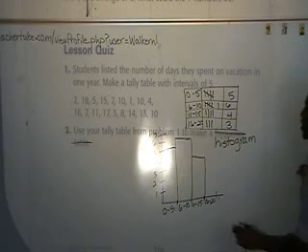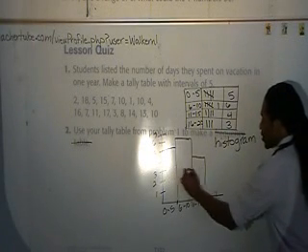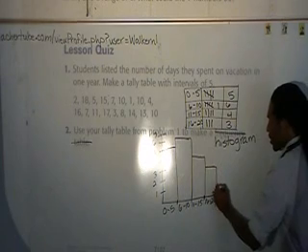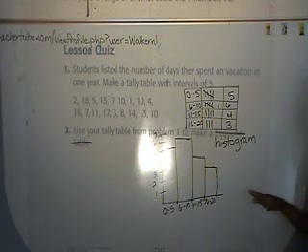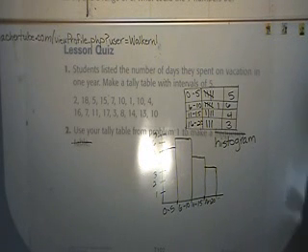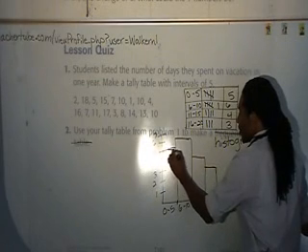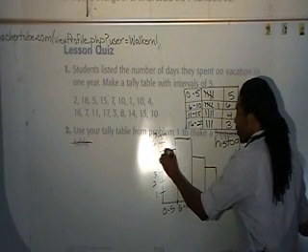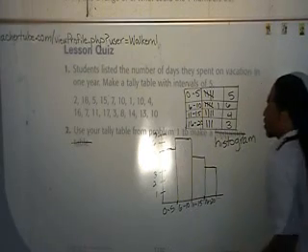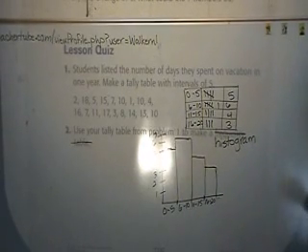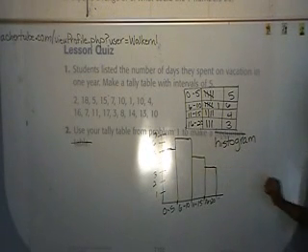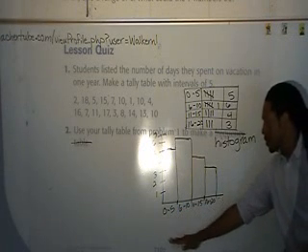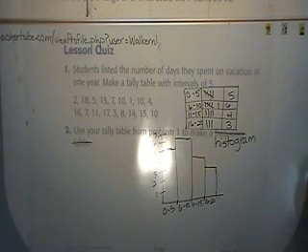And 16 to 20 had 3. So that is a histogram. The only difference between a histogram and a bar graph is that a bar graph has categories going across the bottom. A histogram has intervals, which are a set of numbers.